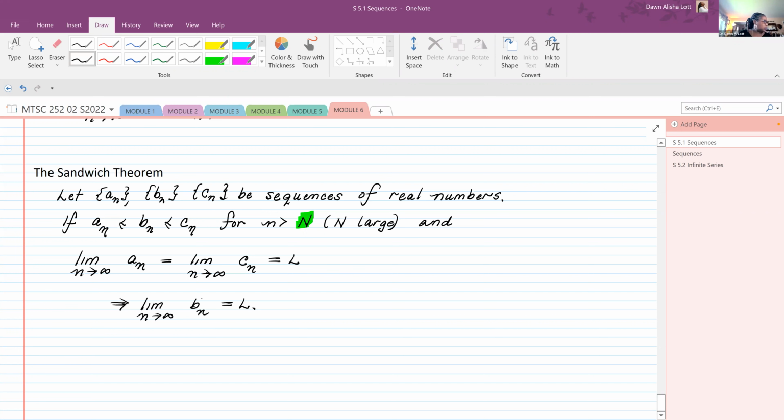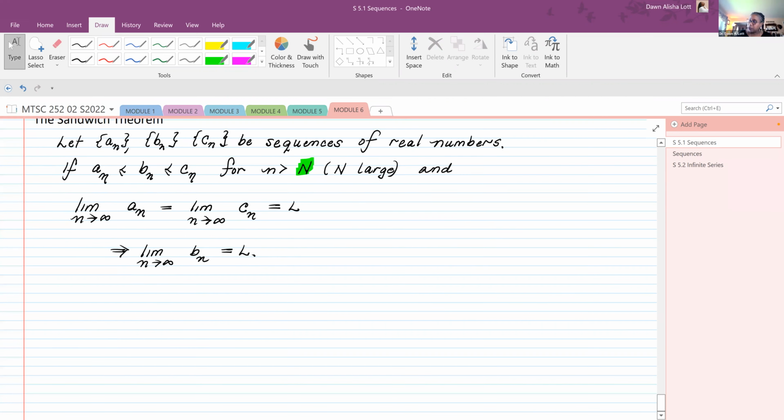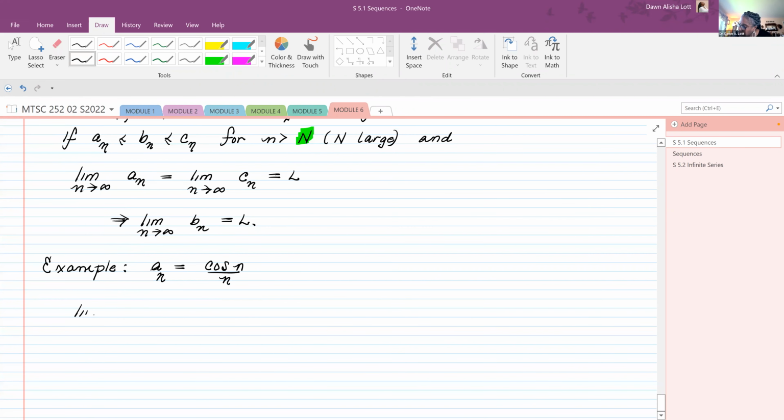Okay, so it's called the sandwich theorem. Here's an example. My sequence AN is the cosine of n over n, and I need to determine the limit as n approaches infinity of AN, being the limit as n approaches infinity of the cosine of n over n.